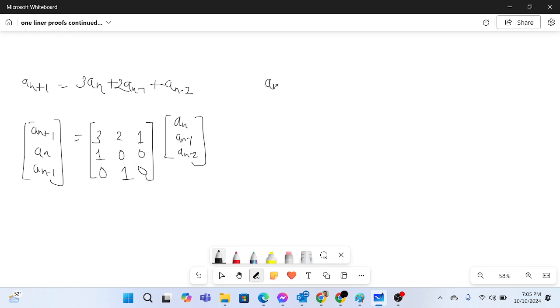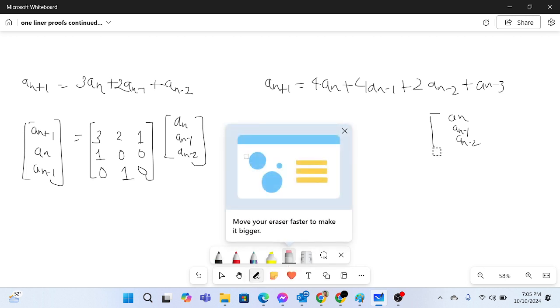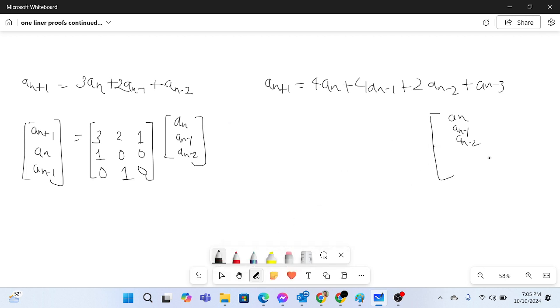I will just do one for 4 terms, and then I think you will have the idea how to do it. 4a_n plus 4a_{n-1} plus 2a_{n-2} plus a_{n-3}. I think now you have the idea. I will have a_{n-1}, a_{n-2}, a_{n-2}, a_{n-3}, right?